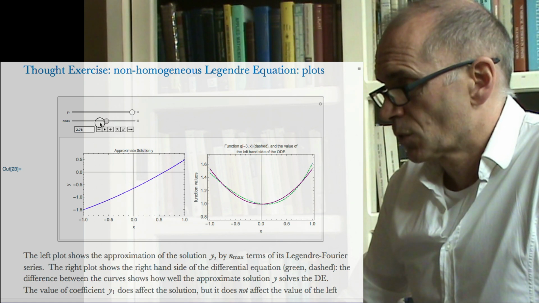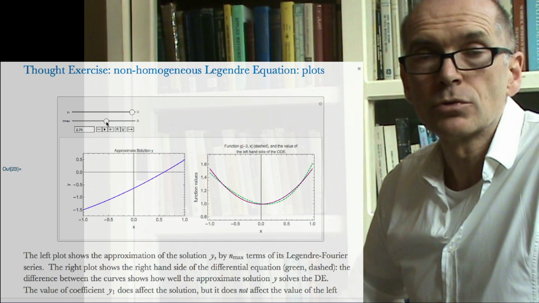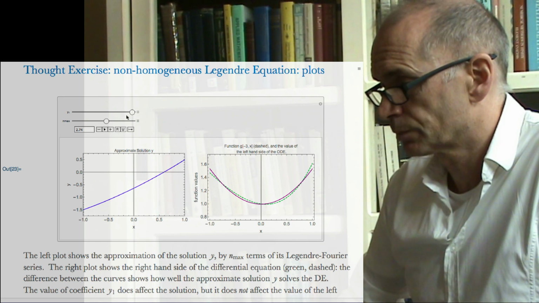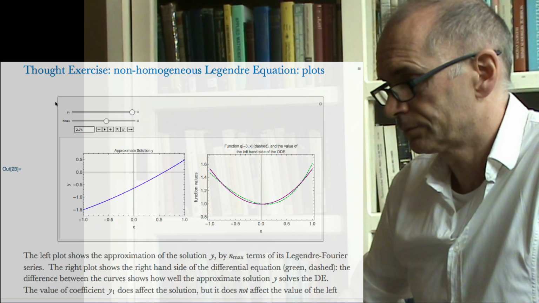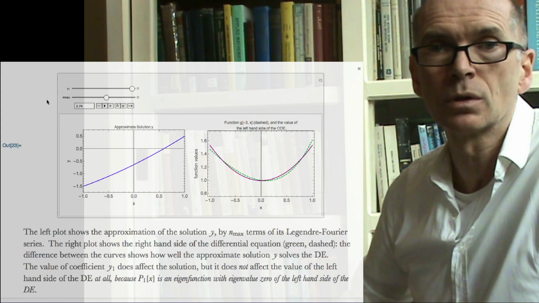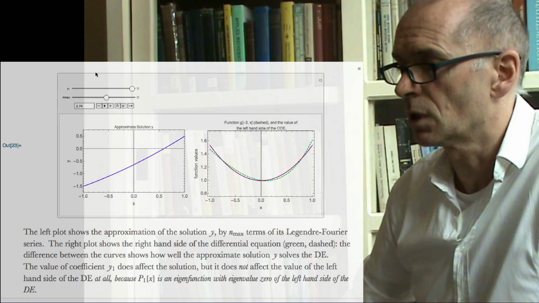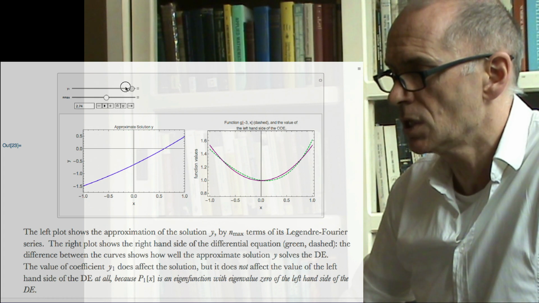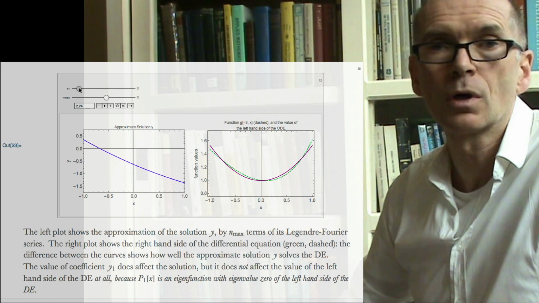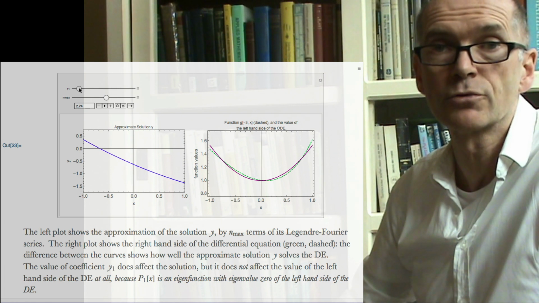And so what I did to produce this plot is just calculate the results of the previous slide. And one of the results that we had was that the y1 is free. Now I have that here as a parameter as well. If I change the y1, you see that the slope, that is the coefficient of the p1, so that is just the function x.